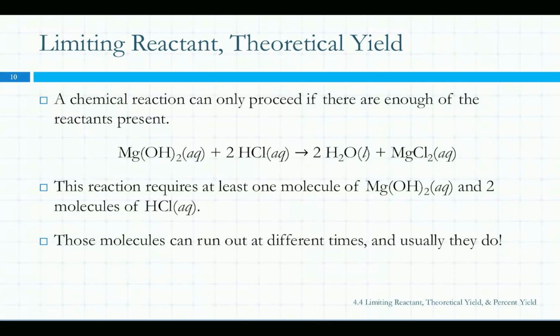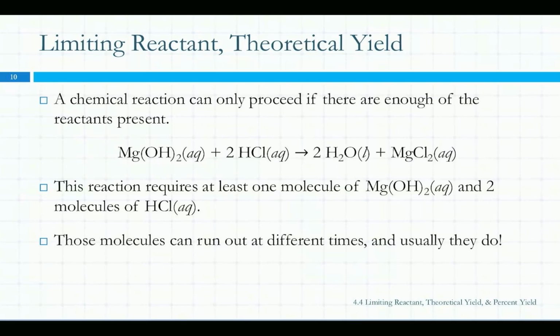And most of the time, we don't have the perfect amount of either reactant. So we have some amount of magnesium hydroxide, and we got a slightly imperfect amount of hydrochloric acid for that reaction to happen, right? Because we're doing things at a scale of moles, so being off by even a 10,000th of a milligram could be billions and billions more HCl molecules in total.